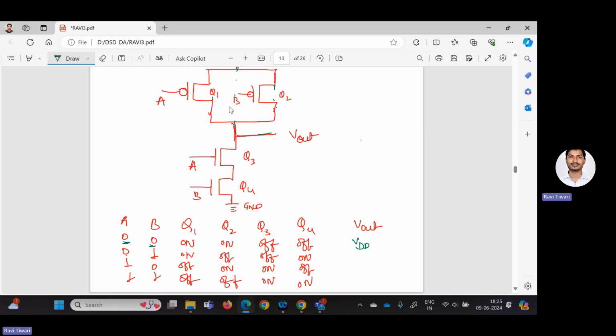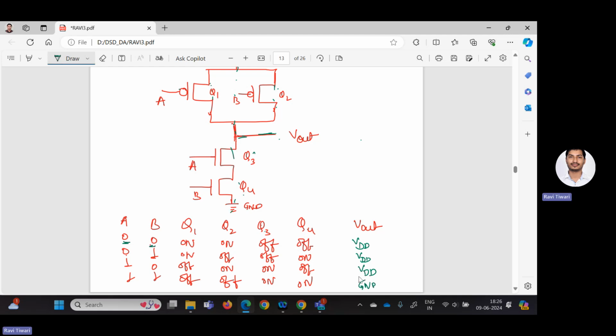If Q1 is on, V out will go up to VDD. And Q3 is off, so V out cannot reach up to ground. But as any of the PMOS is on, V out can reach up to VDD. Now, if both PMOS are off, that means open circuited, and Q3 and Q4 are on, so V out will have a direct path to ground.